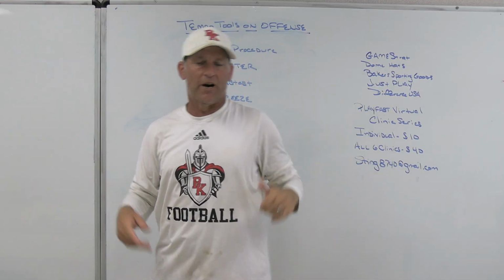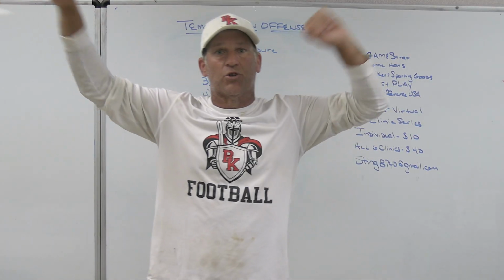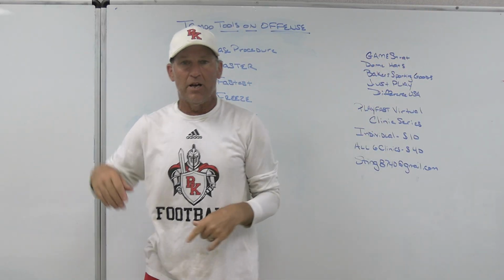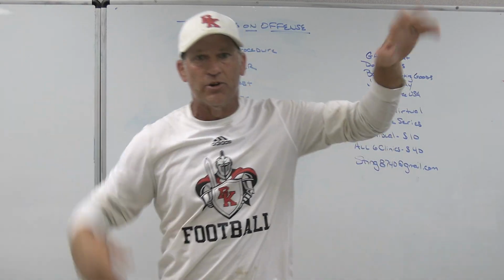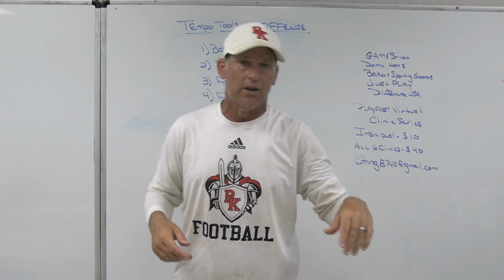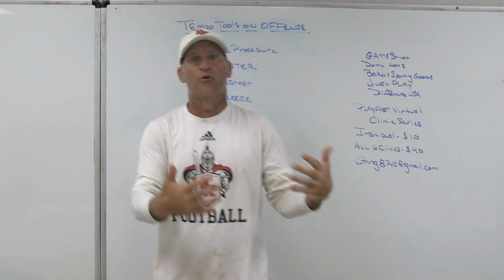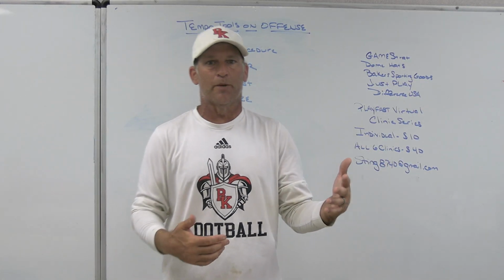Whether it's 2x2 or 2x1, we can maybe move the backs around, but we've got two receivers on the right, one on the left. Or maybe the slot receiver always goes to the field, but we're not jumping from 2x2 to 3x1 to another set. If we want to play faster, we need to eliminate some of the signals, so we stay in a formation. So that's one of the faster tempos we use.